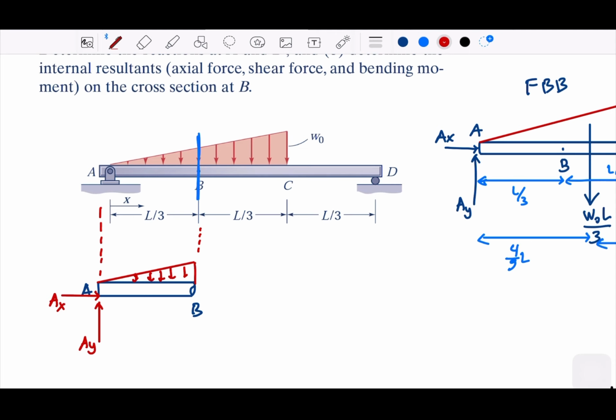Now we have the same principle of half, base, and height. The height is still the same, so half WO. Now the distance is L/3, which equals L over 6. Is this correct? Yeah, I think it should be correct.